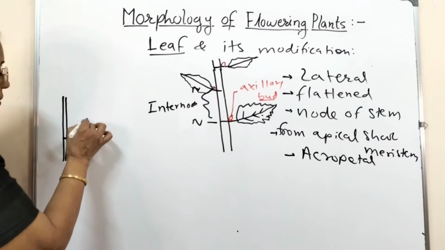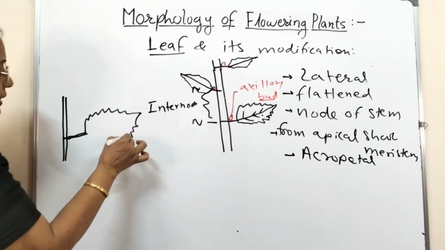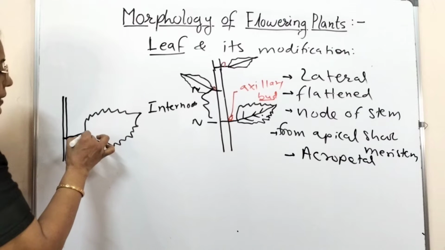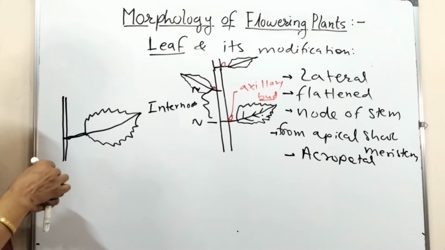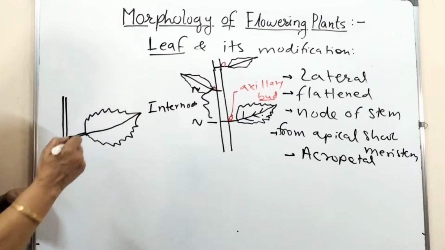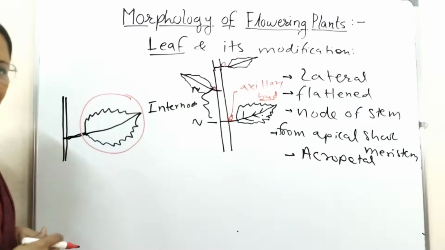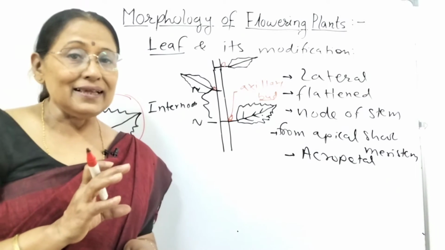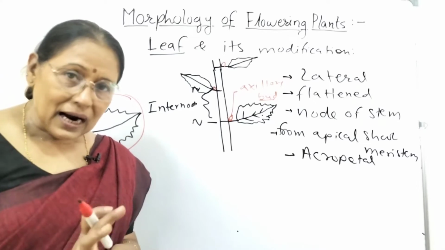So this is a leaf. Tell me, where I have drawn the leaf, is this the leaf? Most of you will say, yes, this is the leaf. No, it is just a part of the leaf.